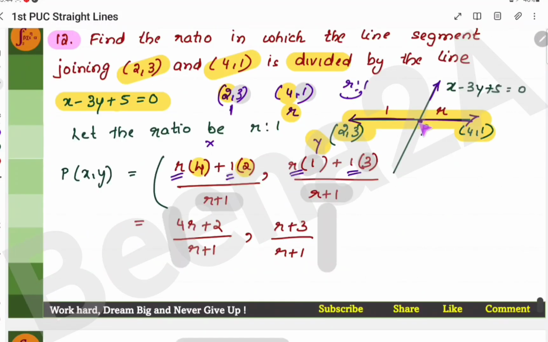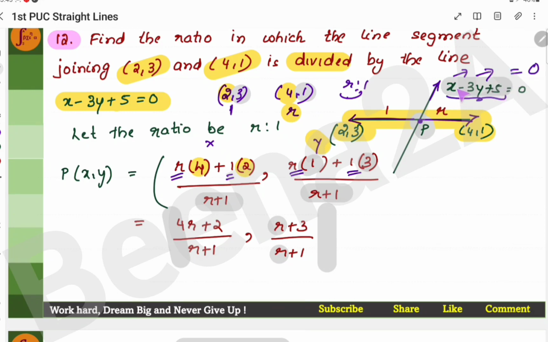This line's equation is given. This point P is lying on this equation. So when you take the x and y coordinates of this point and substitute them in this equation, you will get the value of R. Whenever there is a point on a line, if you substitute its values, it will satisfy the equation, that is, it will be equal to 0.